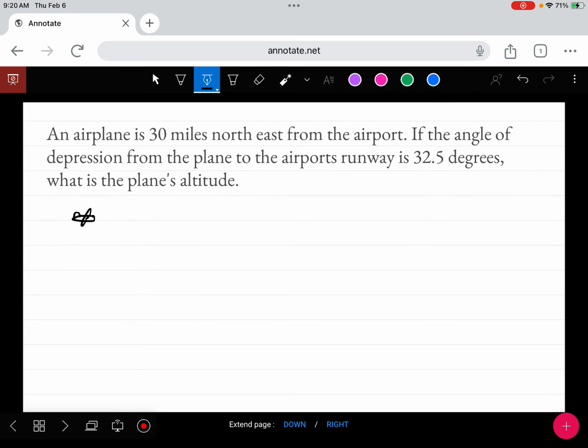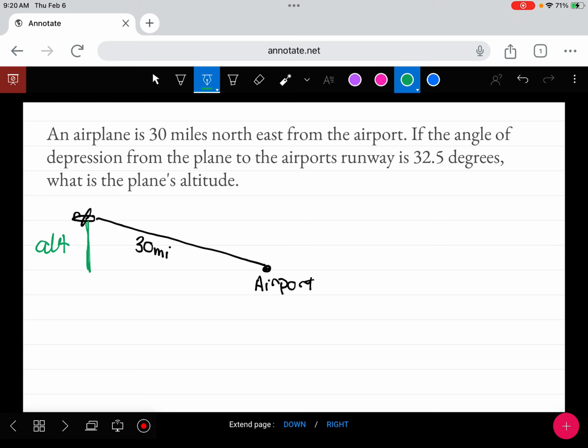So we know if they use their little scanner thing and they scan to the airport, they are 30 miles away. This is my airport. We want to know how high this plane is. We want to know our altitude.